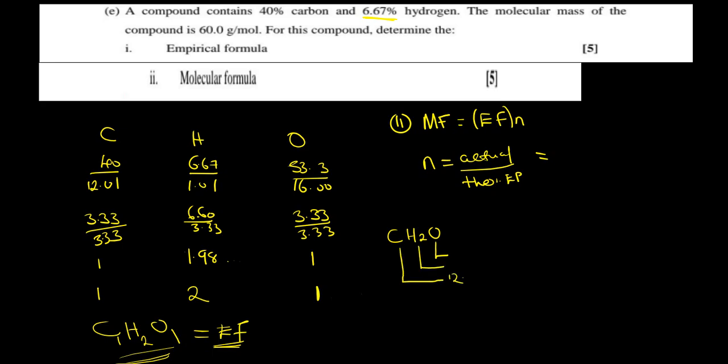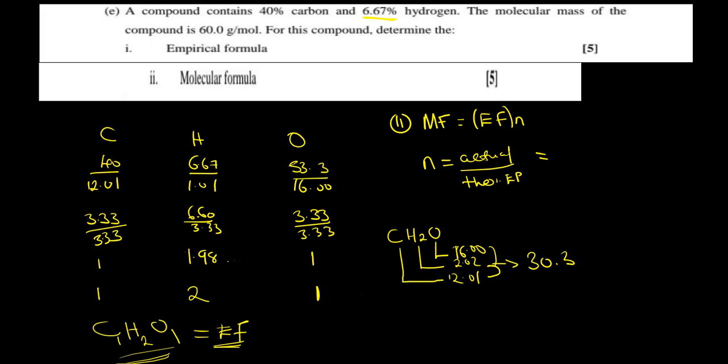So this will be 12.01, this will be 2.02, and this will be 16.00. You add these, and they will give you 30.03.